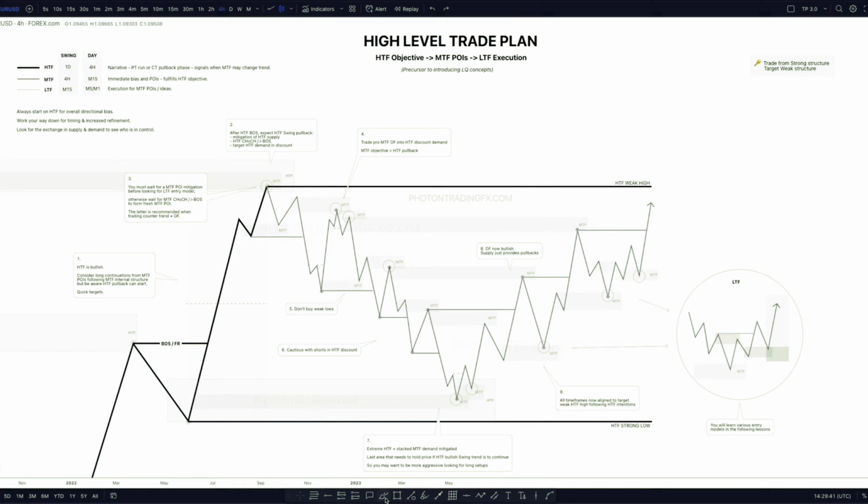Now, one last thing I'll say just before I forget as well is there won't come a point where you always have to only take that initial entry from, let's say, the M15 POI on the M1, right? That's always going to be the highest probability. Again, from an M15 POI, super high probability in general, right? Now, this part of the leg here, right, on the M1, if you imagine on the M1, there's going to be loads of pullbacks here.